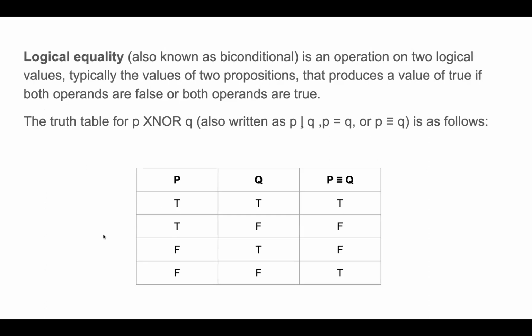What is there in logical equality or logical biconditional? If both are true or both are false, then P biconditional Q is true. If P is true and Q is false, or P is false and Q is true, then P biconditional Q is false. Getting?